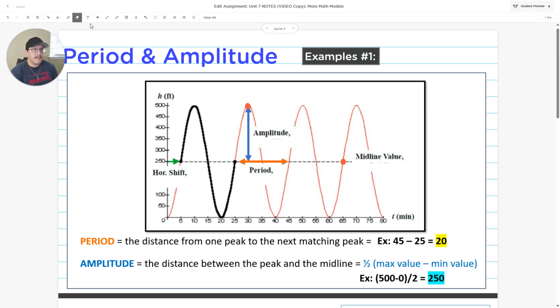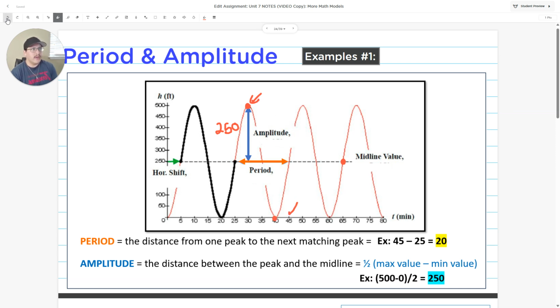Okay, amplitude. You can easily calculate the amplitude: just measure from the midline all the way to the highest or to the lowest point, and you will get your amplitude, which will be, in this case, from 250 to 500. That's about 250. Let's say we don't have that information, though. Instead, we can only get the highest point and the lowest point.